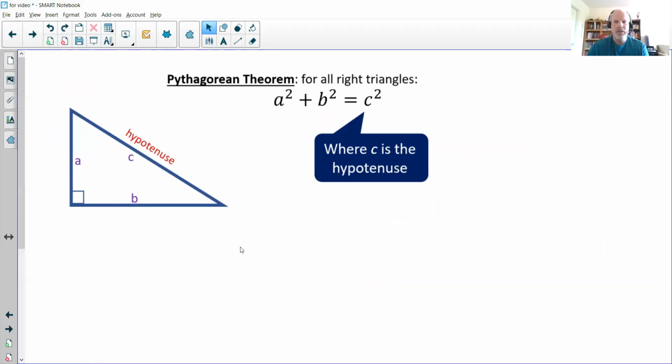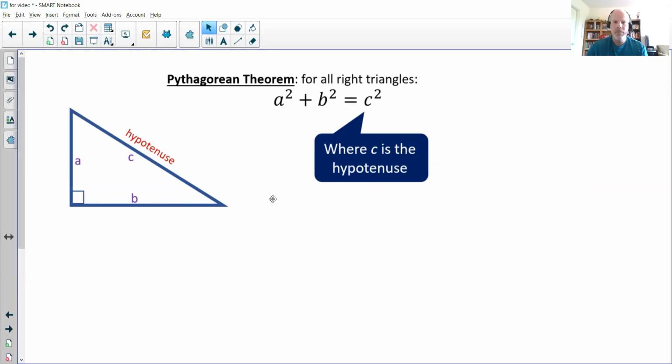The Pythagorean theorem states that for all right triangles, where C is the hypotenuse and A and B are the respective lengths of the legs, then I can take the length of leg A, square it, plus the length of leg B squared, and it will equal the length of the hypotenuse, C squared.